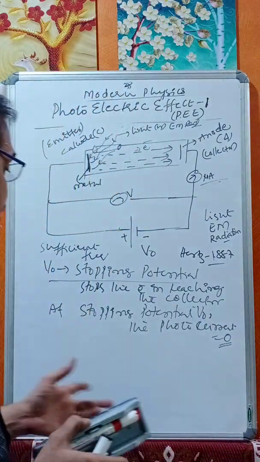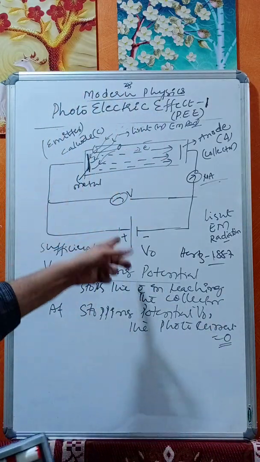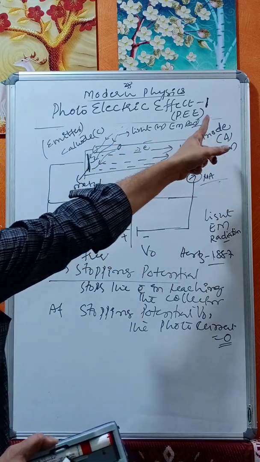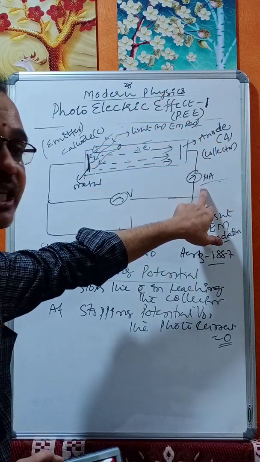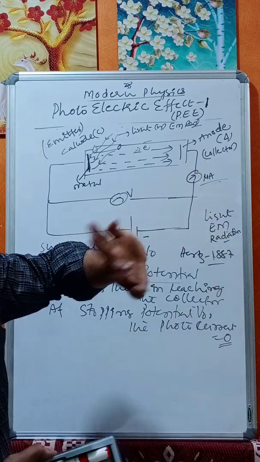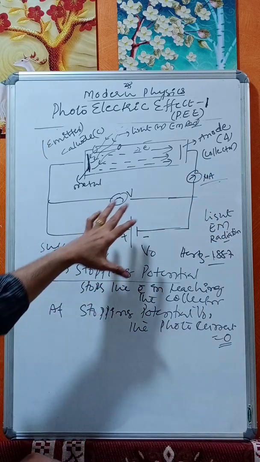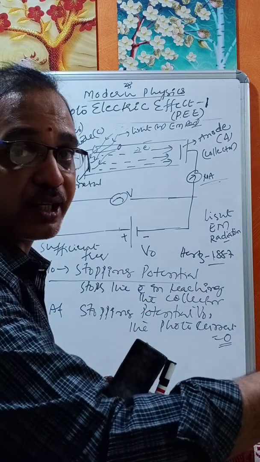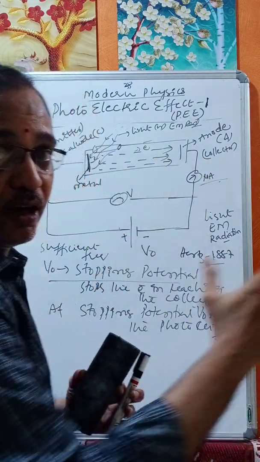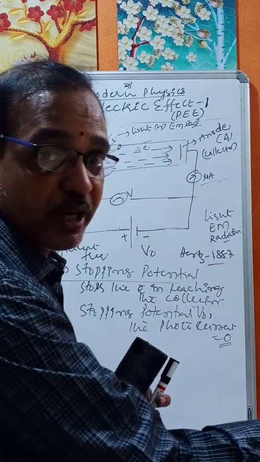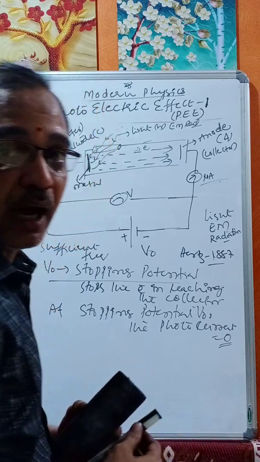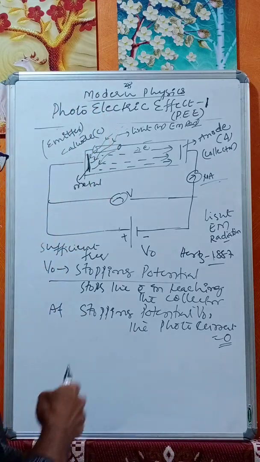Stopping potential is the negative potential at the collector or anode which gives a zero reading in the galvanometer. Stopping potential means the potential which just stops the electrons from reaching the collector, for a zero reading in the galvanometer, or a zero current in the ammeter.